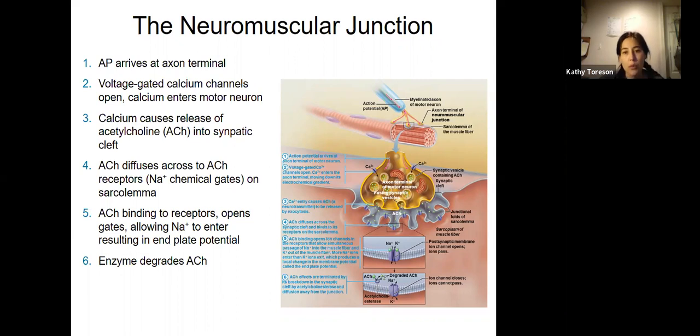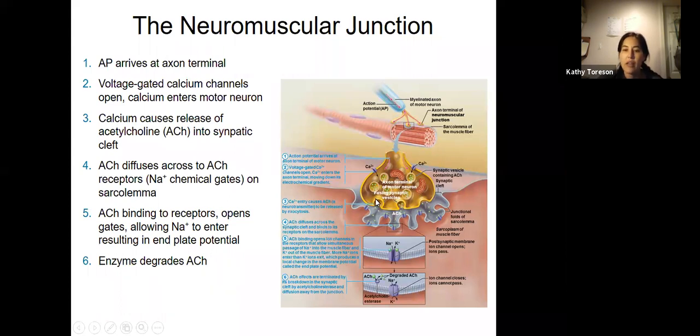So at this point, we're looking at the integration of the nervous system with the muscle in what we call the neuromuscular junction, or the junction between the nervous system and the muscle. So what we see in yellow here is the portion of the neuron that we're looking at.